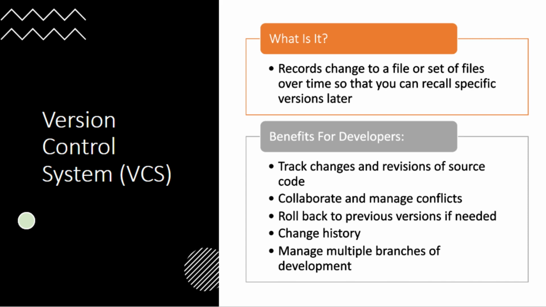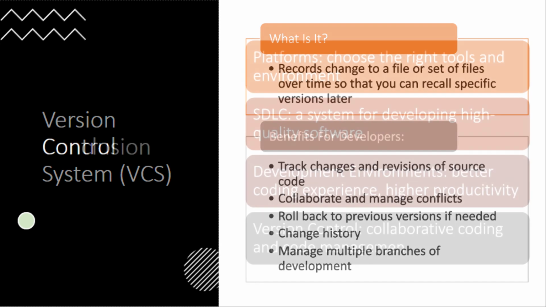It also helps them collaborate with other developers when developing programs. It allows them to roll back to previous versions if necessary. It also maintains a history of changes, making it easier to identify issues and bugs. It can manage multiple branches of development, such as feature branches or bug fix branches.